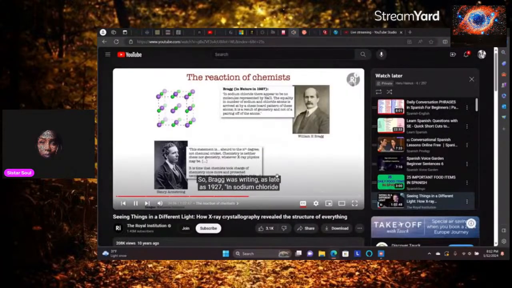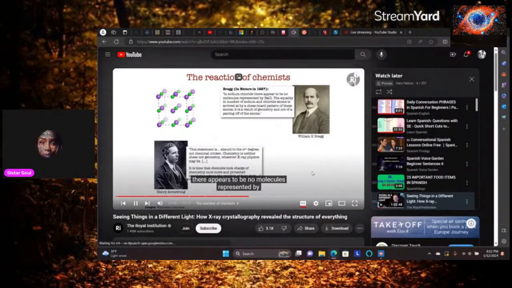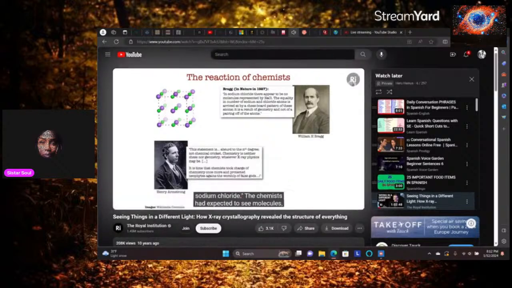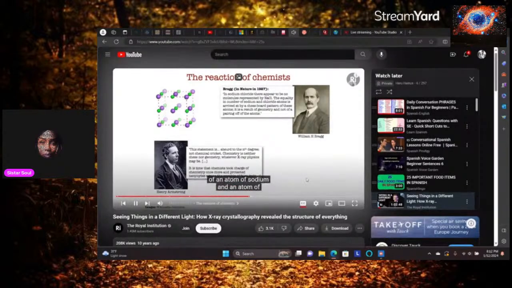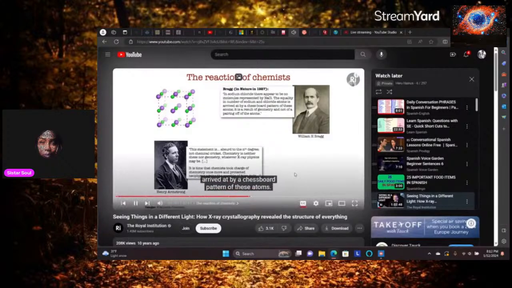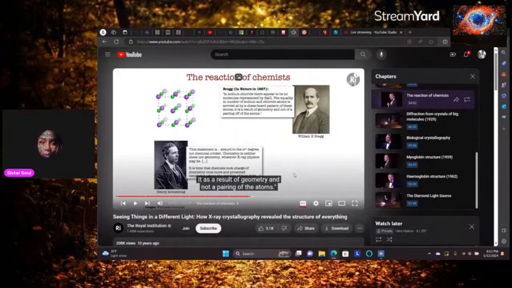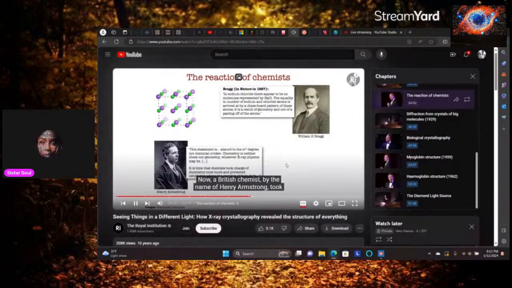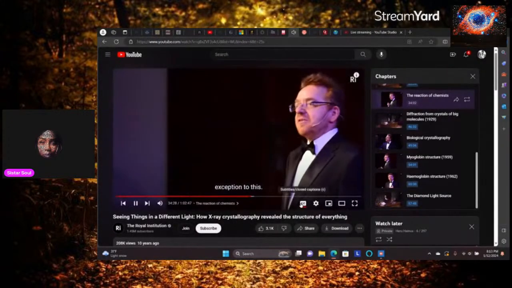It is 1927. In sodium chloride, there appears to be no molecules represented by sodium chloride. The chemists had expected to see molecules of an atom of sodium and an atom of chloride stuck together. The equality of number of sodium and chloride atoms is arrived at by a chessboard pattern of these atoms. It is a result of geometry and not a pairing of the atoms. Now, why is this? A British chemist by the name of Henry Armstrong took exception to this.